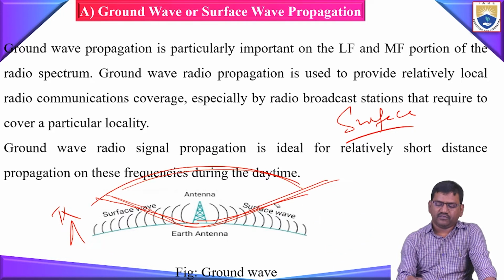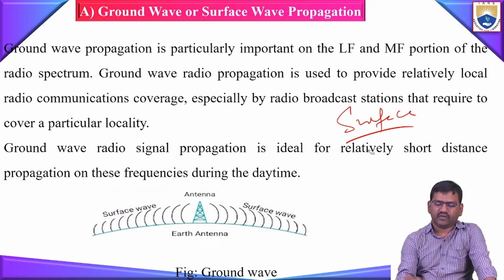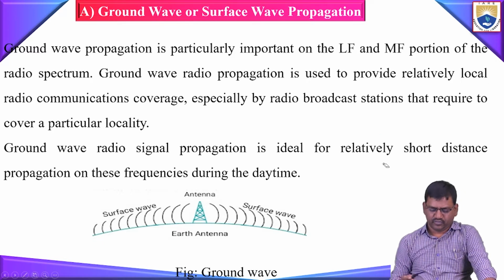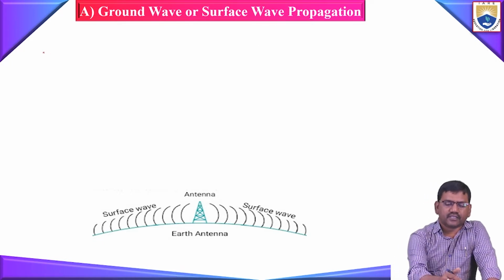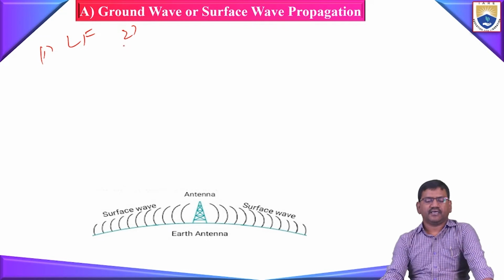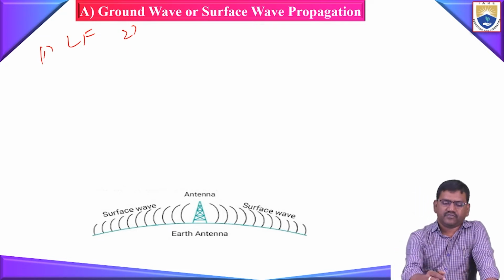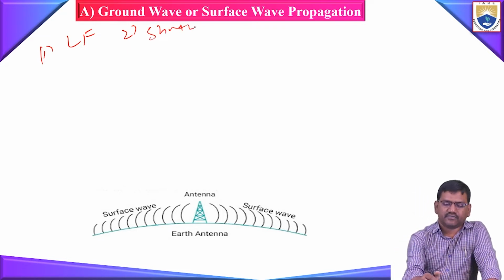So why do we use ground wave propagation? In what way is it useful? The first advantage of ground wave propagation is for low frequency signals. The second major advantage is that it is used for short range communication only.